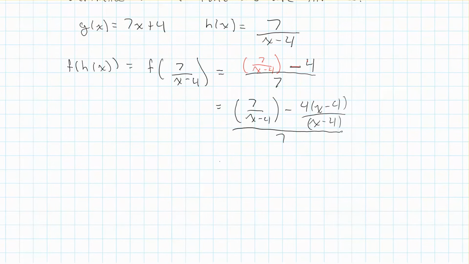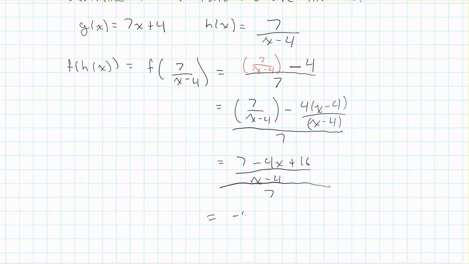Which then is equal to 7 minus 4x plus 16 over x minus 4, all over 7, and then I'll finish simplifying this out and you get negative 4x plus 23 over 7 times x minus 4.